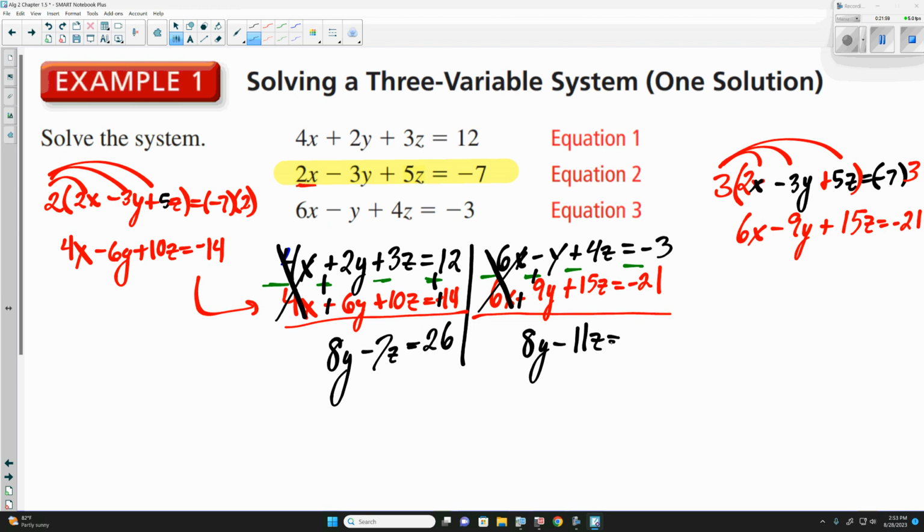And lastly, negative 3 minus negative 21. The negative would make a plus. 21 minus 3 is 18.